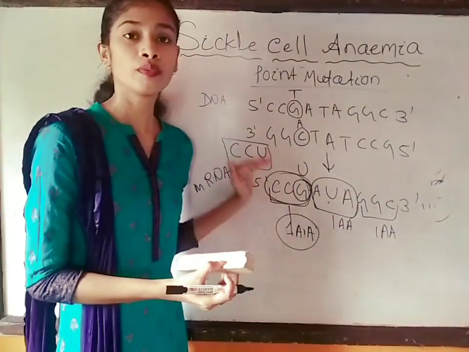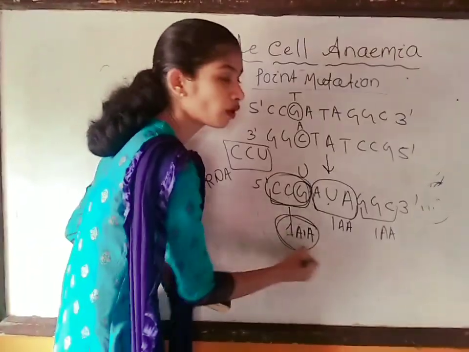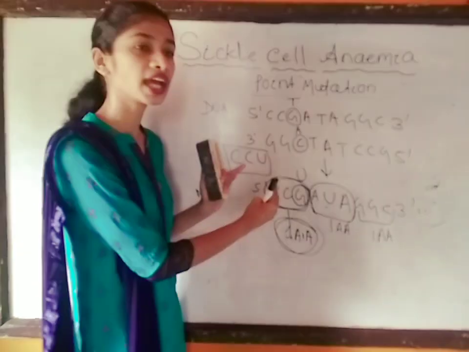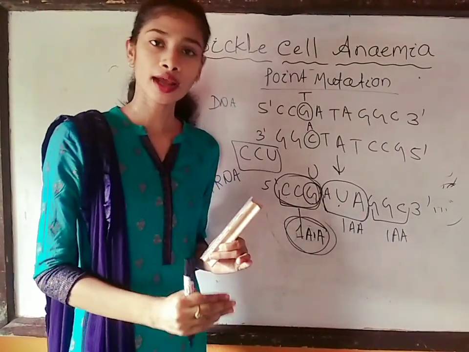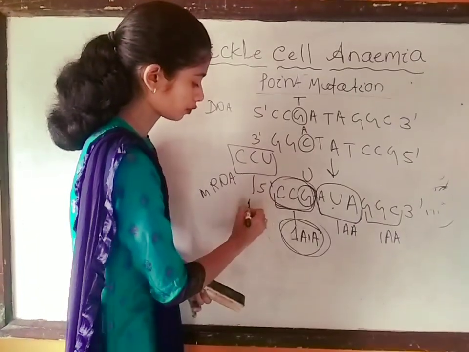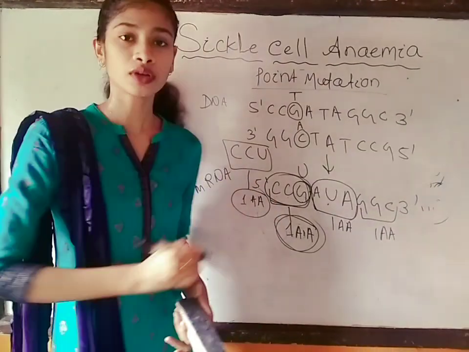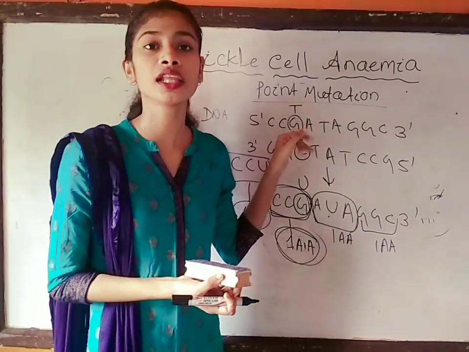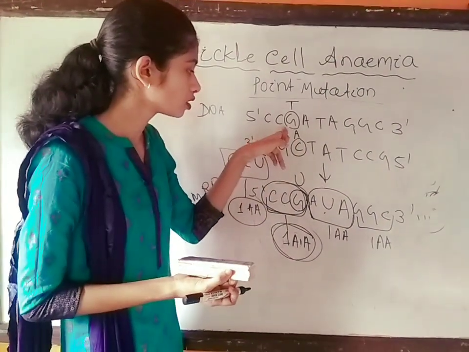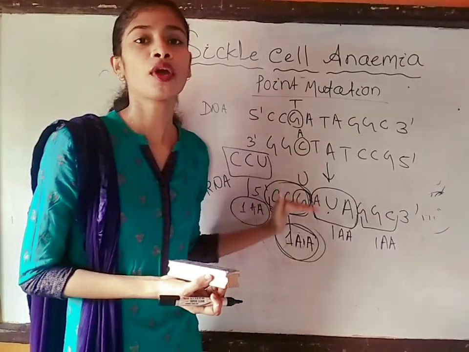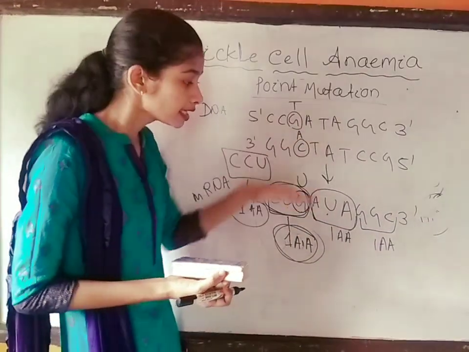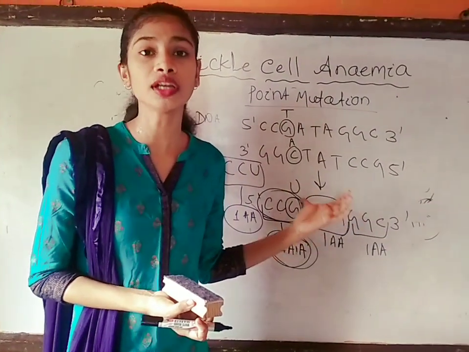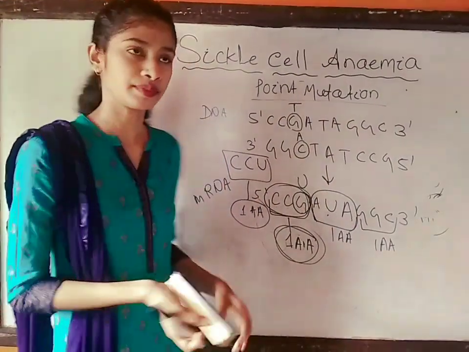This CCU will not code for this amino acid. It will code for another amino acid, as I said, a particular codon codes for a particular amino acid. Here the mutation occurs in the DNA strand in only a single nucleotide. Because it is found at a single point, it's a point mutation. Like this we'll study the hemoglobin or beta chain mutation found in sickle cell anemia.